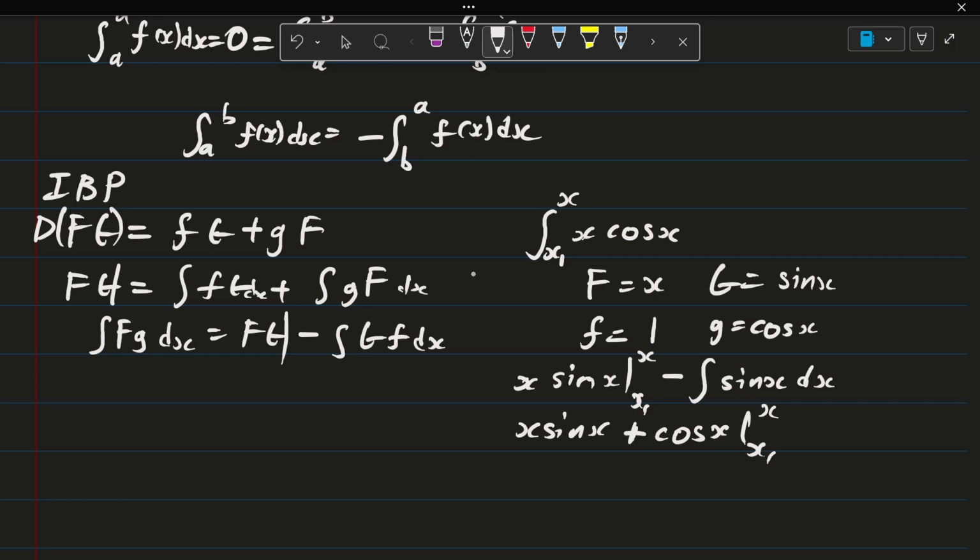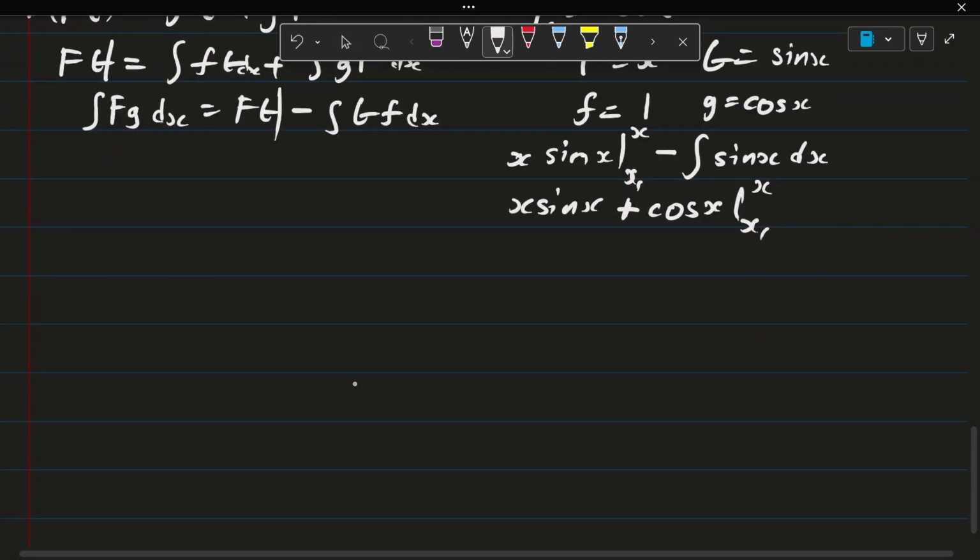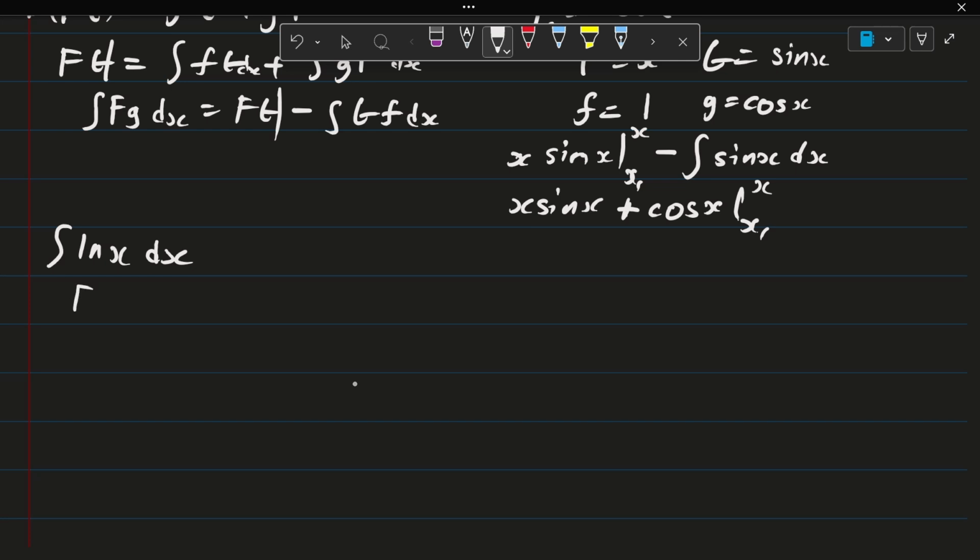Let's do another example. Let's say we want to figure out the integral of the natural log of x dx. This is a little bit harder to think about, but maybe you could think about it like this. I cannot truly figure out the integral of natural log of x, but what I can do is find the derivative, which is 1 over x.